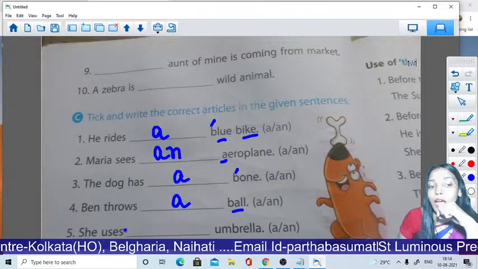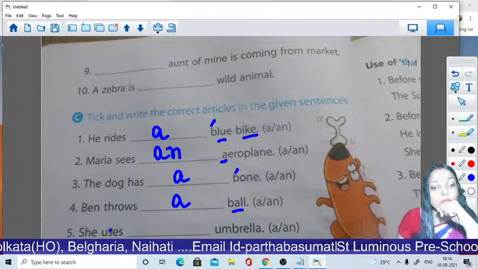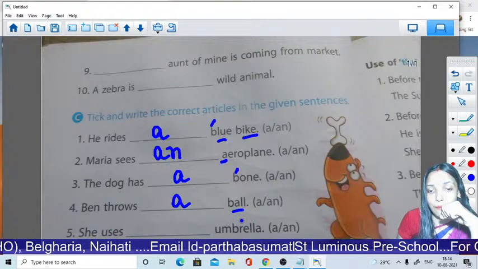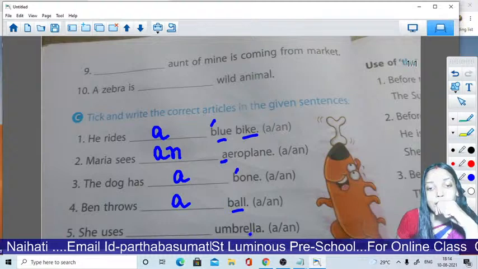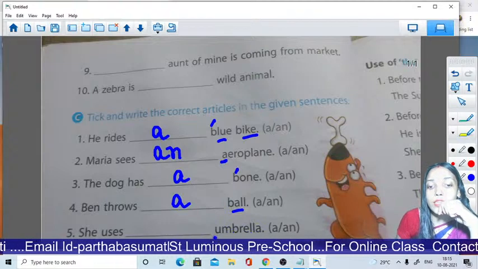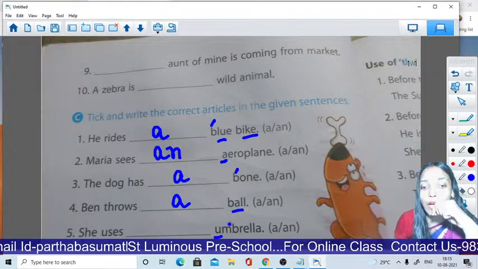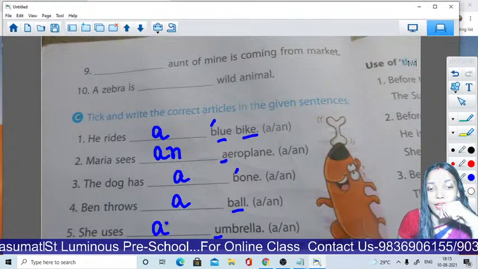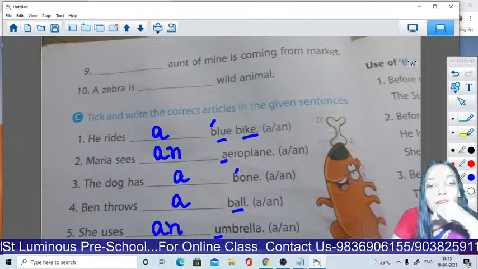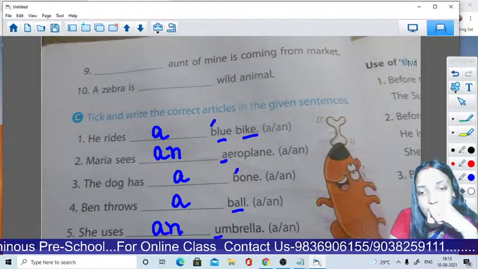Clear? Now number 5. She uses blank umbrella. Look here. The singular noun umbrella is starting with U. U is vowel. So, write here an. Okay, clear? I hope you all understand it.